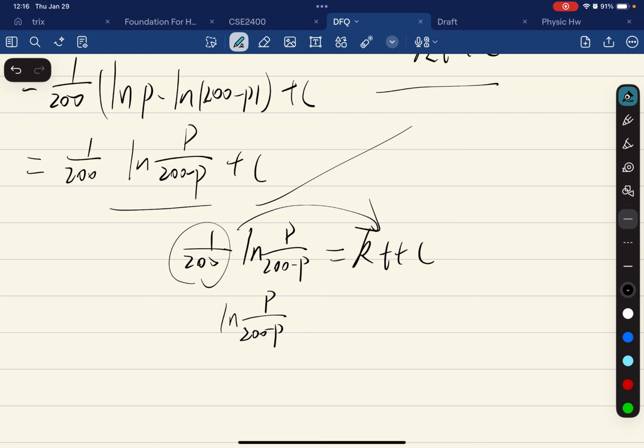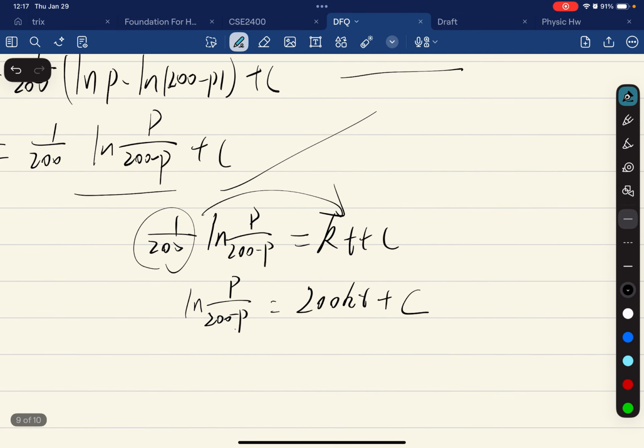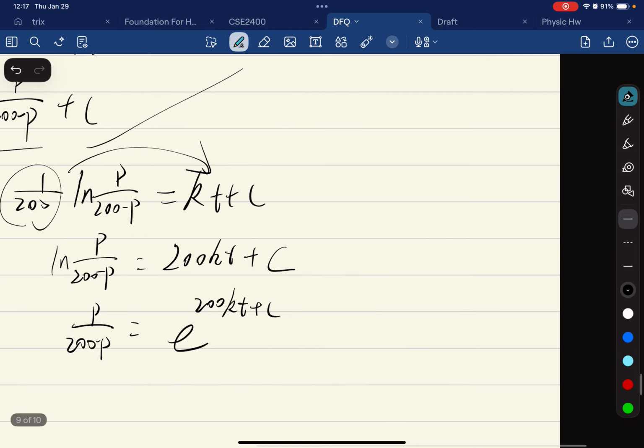It will become 200kt plus 200C, and 200C is still a coefficient, so I will write C here. We can use the definition of logarithm and use an exponential here, e to the power of 200kt plus C. We know it can be written as e to the power of 200kt times e to the power of C, which is another coefficient, so it can directly be written as C times e to the power of 200kt.